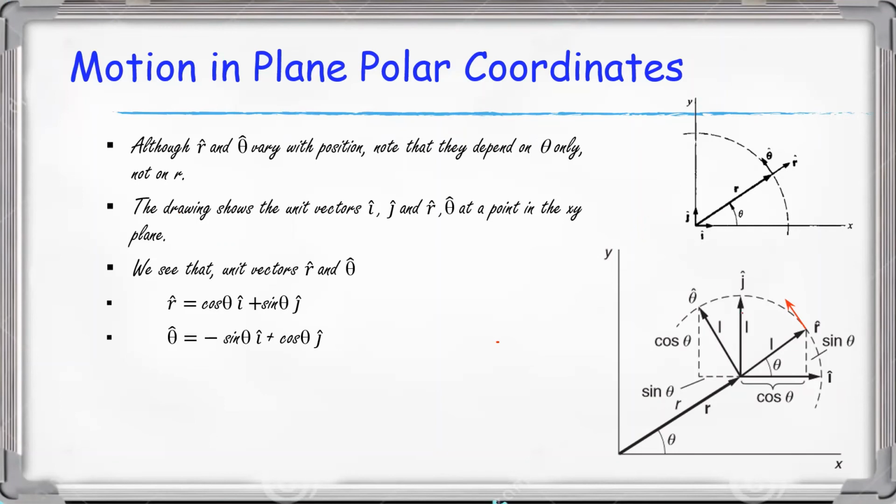Looking at the figure, first we find the value of r in terms of Cartesian coordinates. Look here, it is the vector r and its component along the x direction, this quantity.